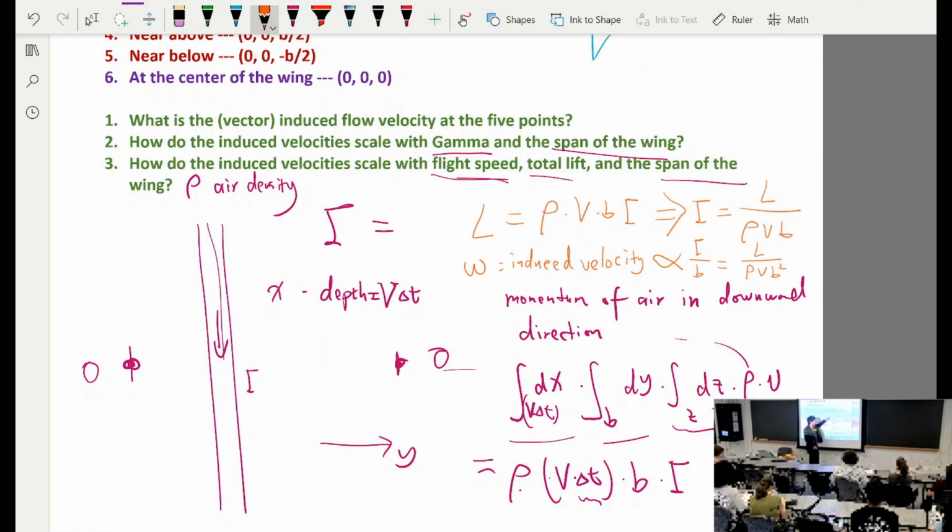So if you fly faster, higher V, that means you are pushing more air in the orthogonal direction per unit time. And because of conservation of momentum, if you can push more air, then you don't have to push it as hard as if you're pushing less air.